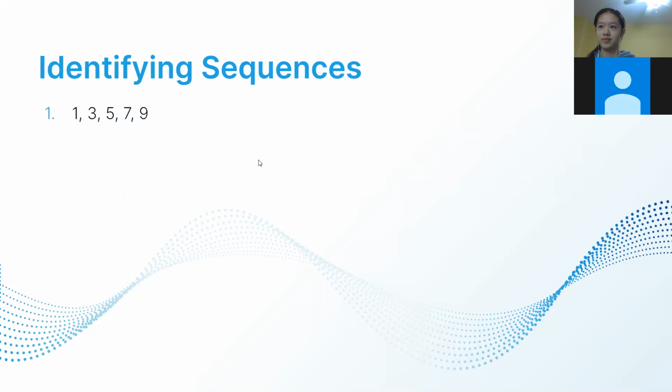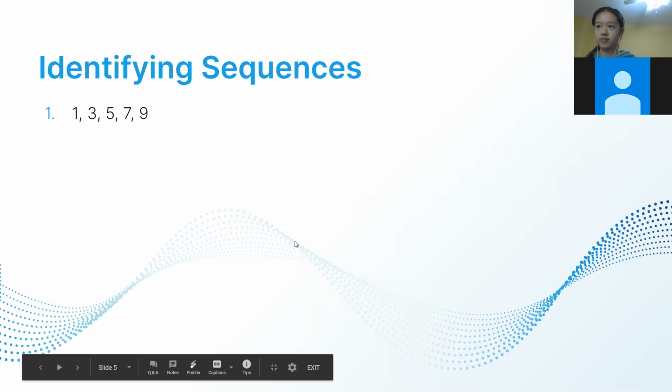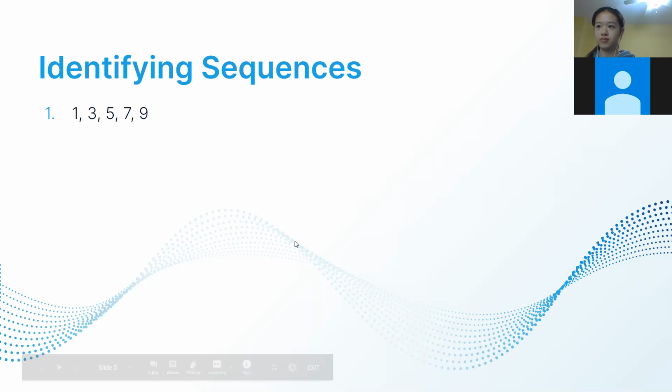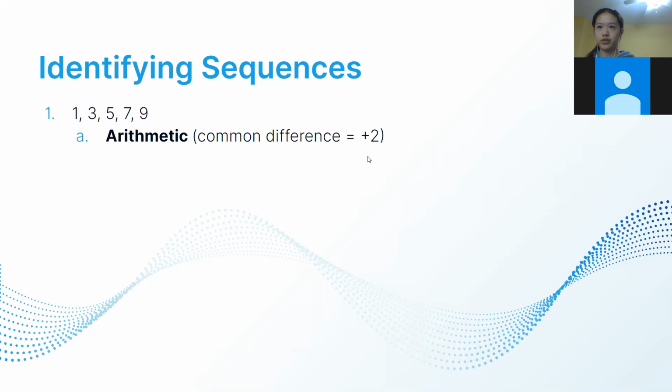For this first sequence, what's the common difference? Okay, so this is an arithmetic sequence with a common difference of 2, because each time the numbers increase by 2.